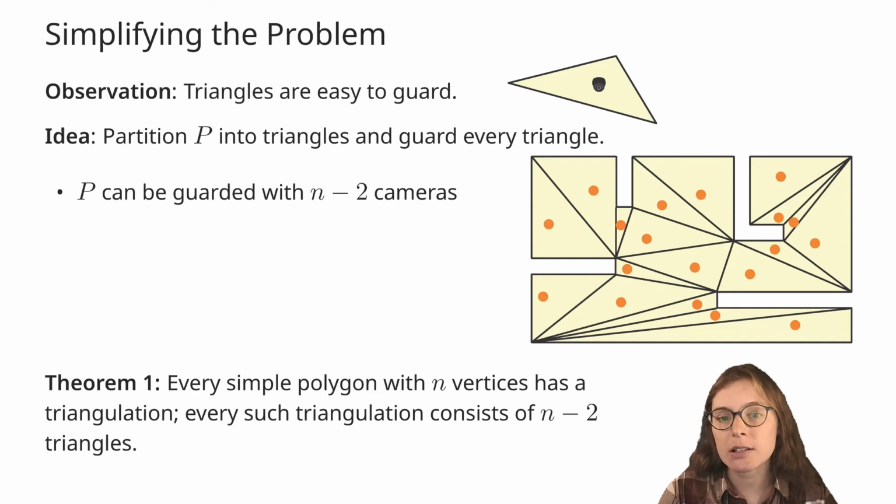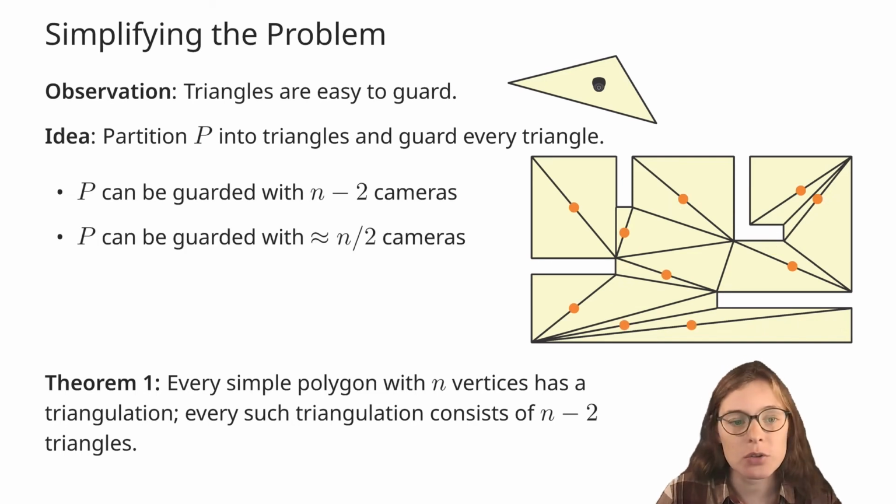This will give us n minus 2 cameras. However, we can reduce this number to about n over 2 cameras if we pair triangles in a smart way and place a camera on each edge joining each pair of triangles.